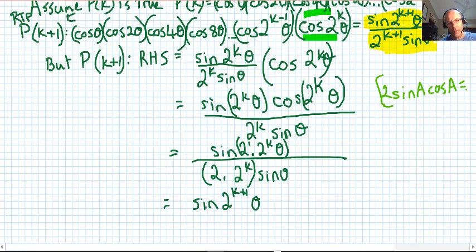We can put it in brackets if you like. I didn't do that before up here. I could have. And down the bottom is exactly the same rule: 2 to the k plus 1 sine theta. It's exactly what we got in yellow.